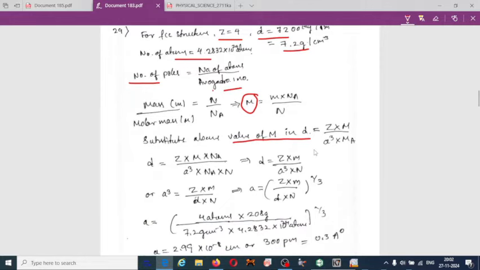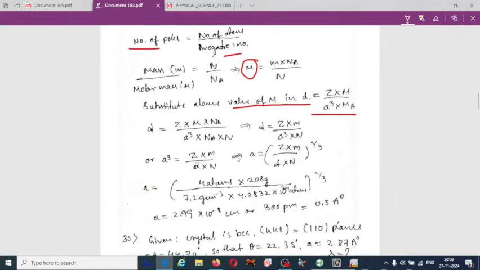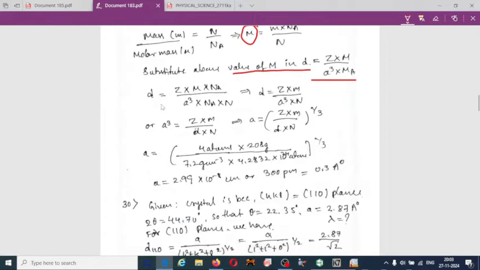Okay, D we can write as the equation. Then once you write the formula for D, you need to calculate here A, the lattice parameter.